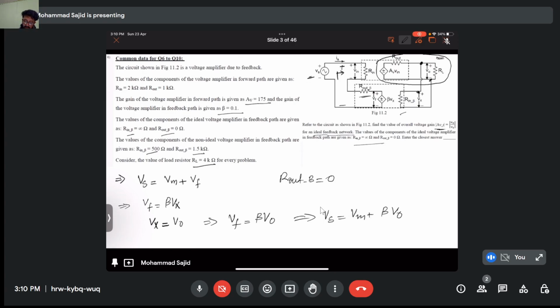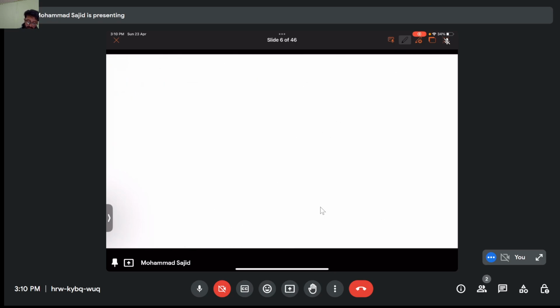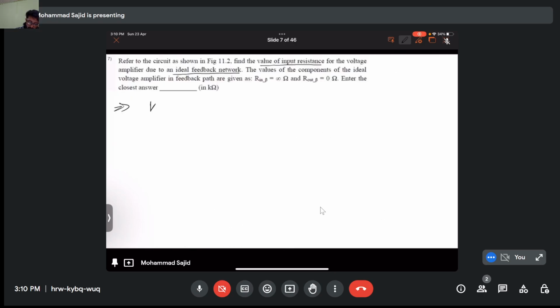So starting from again KVL at input, Vs will be equivalent to Vin plus Vf.